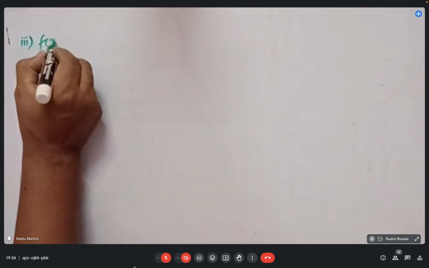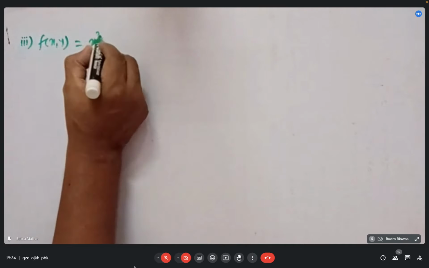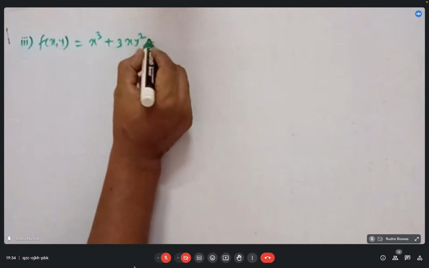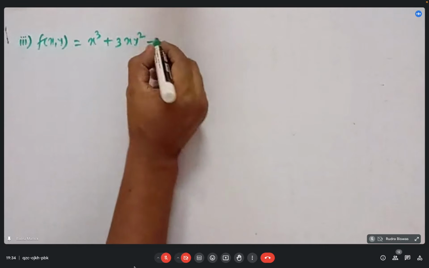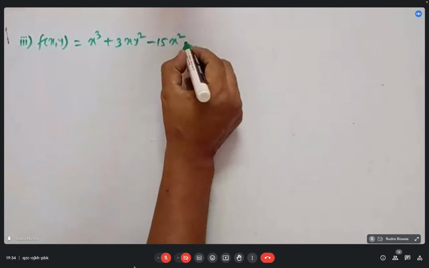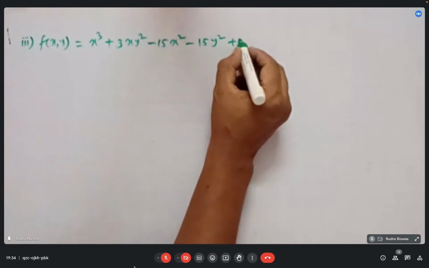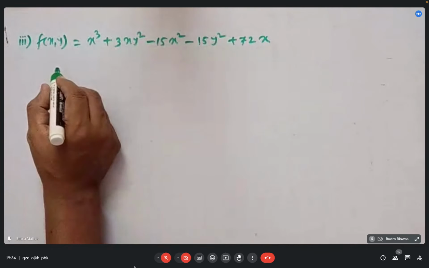fxy is equal to x cube plus 3x into y square minus 15x square minus 15y square plus 72x.